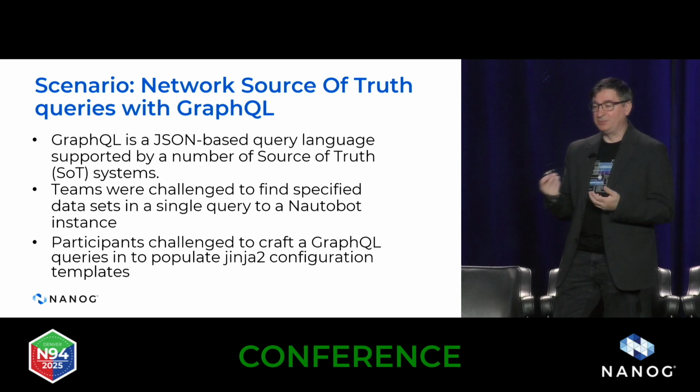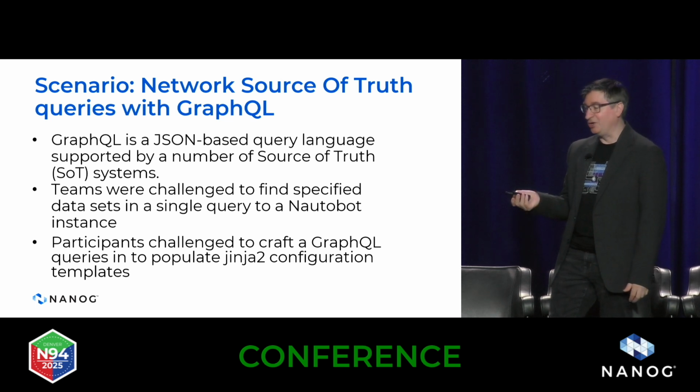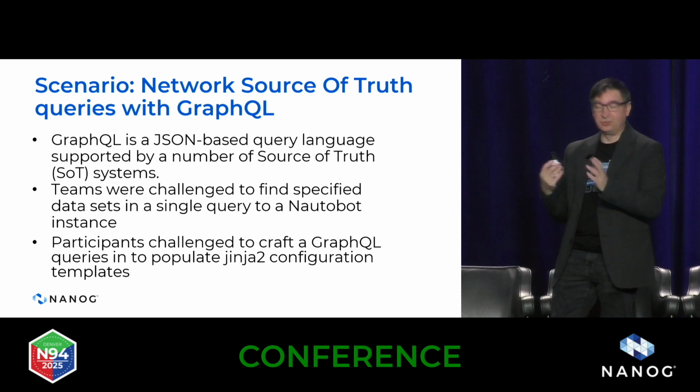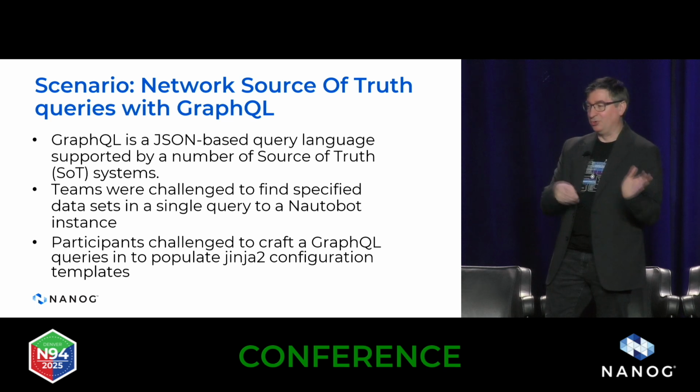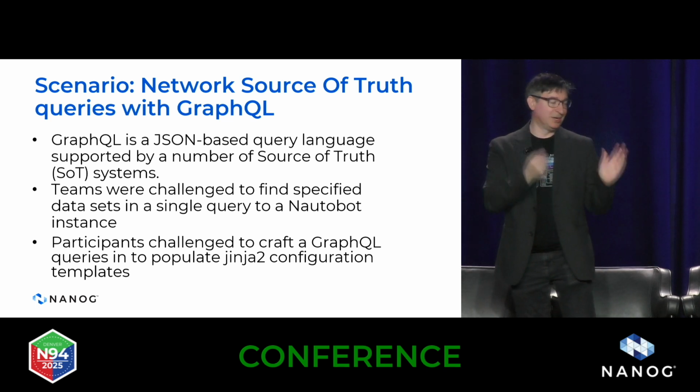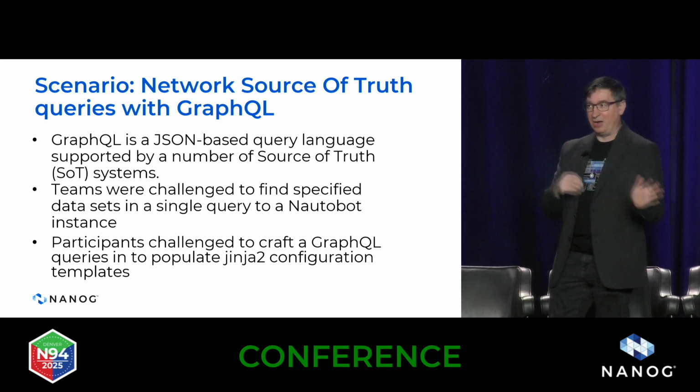And once you have that response, that can be leveraged to hydrate a Jinja2 template to build a working device configuration. So the participants were challenged to create the right query that would feed the right info into the Jinja2 template, and the resulting router config was the flag that allowed them to give points for that particular challenge.